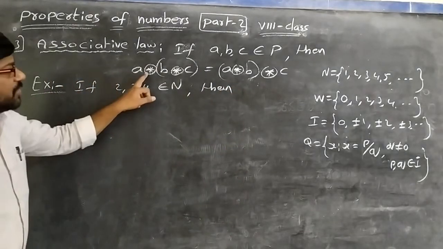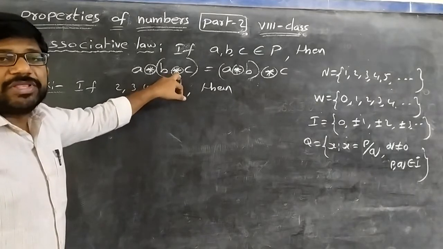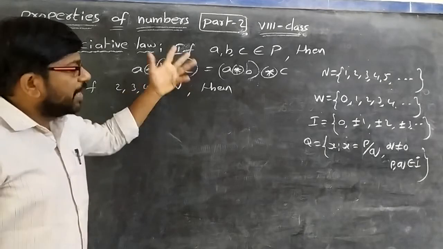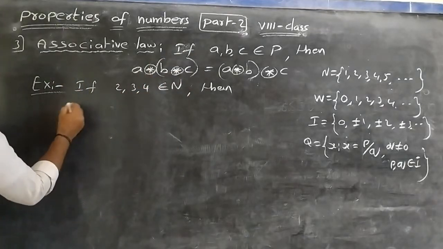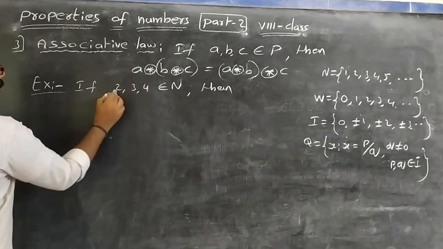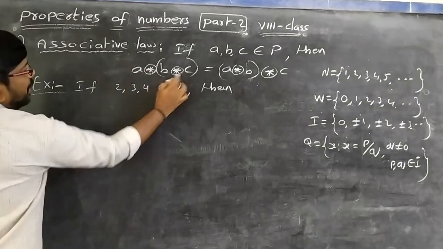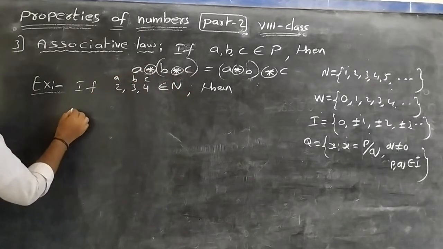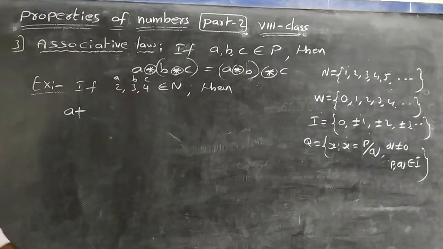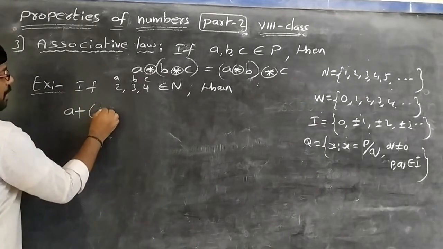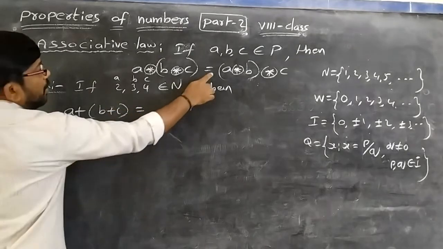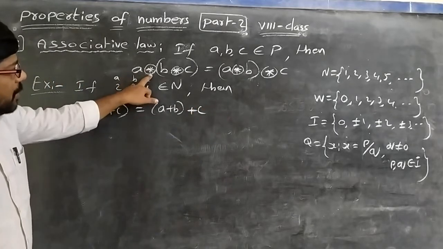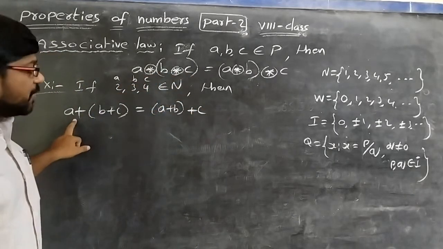Here star is any operation, whether addition or subtraction or multiplication or division. First, addition. A is 2, B is 3, C is 4. A plus B plus C is equal to A plus B plus C, here star is operation addition.